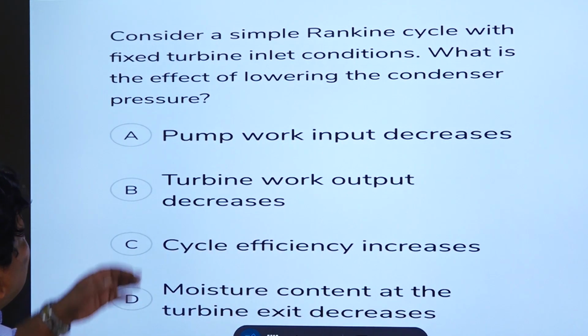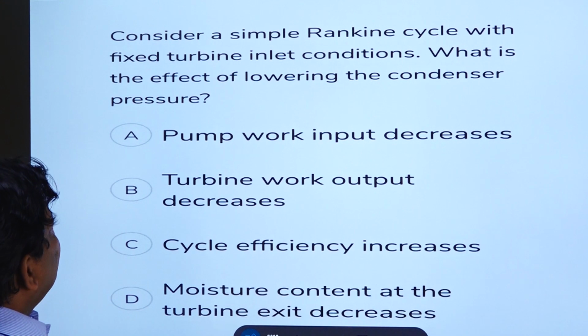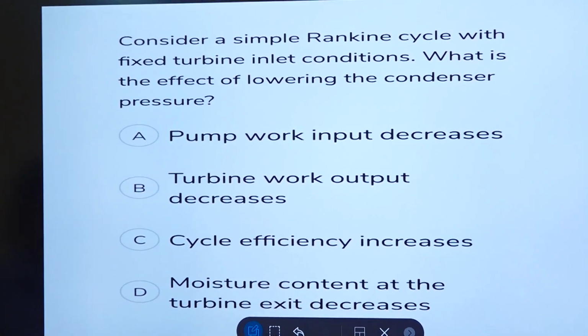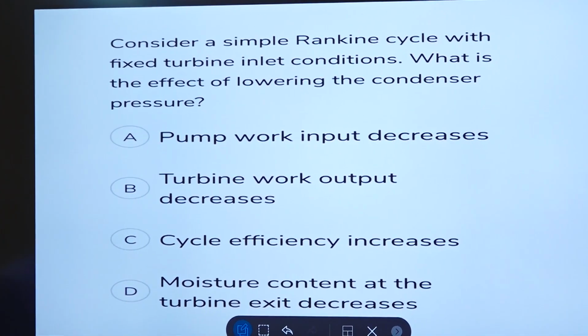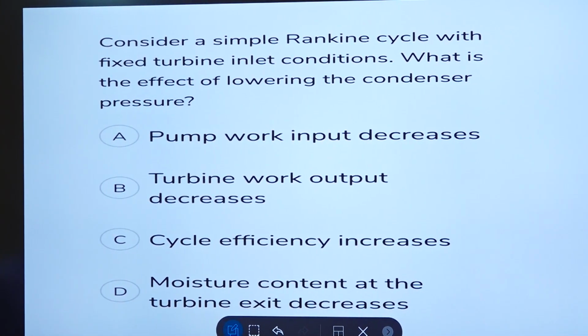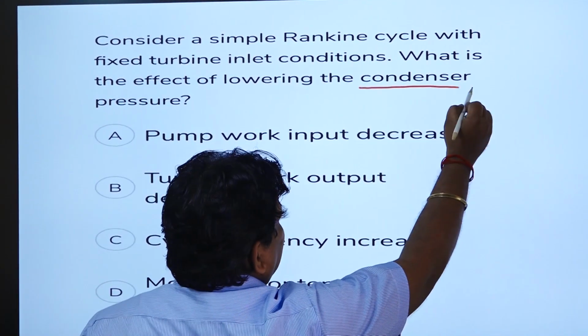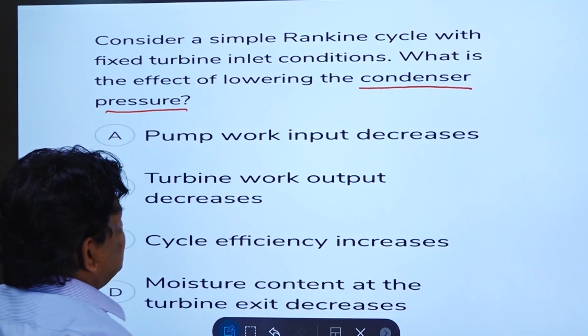Okay, the next one is, consider a simple Rankine cycle with fixed turbine inlet conditions. What is the effect of lowering the condenser pressure? We have seen this just now.